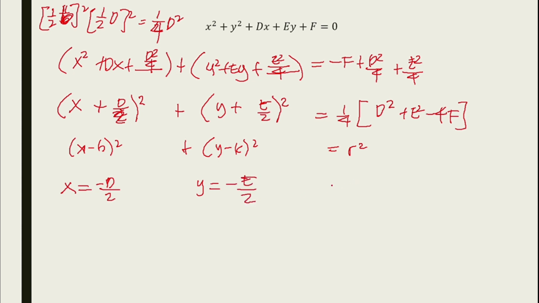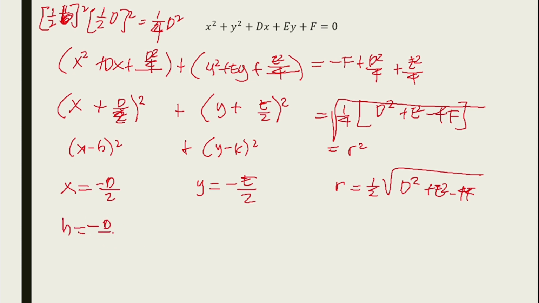If we take the square root of this part, the result is 1/2 the square root of d squared plus e squared minus 4f. Therefore, h is negative d over 2, k is negative e over 2, and the radius is 1/2 the square root of d squared plus e squared minus 4f.